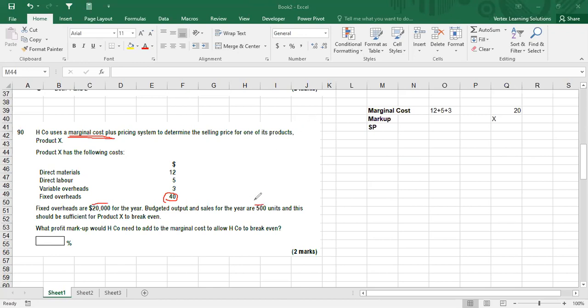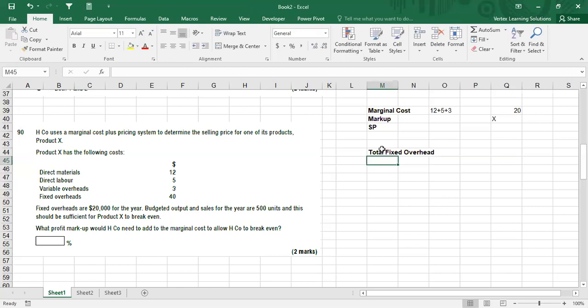So if your output goes up or down, your fixed overhead per unit will also go up or down, but your total will remain the same. So whenever you talk about fixed overhead, always think about total fixed overhead. Otherwise, you will make a mistake in the exam, and you will also make a mistake in real life.